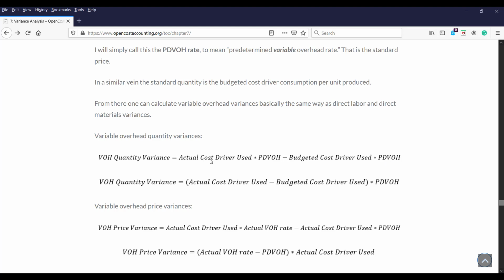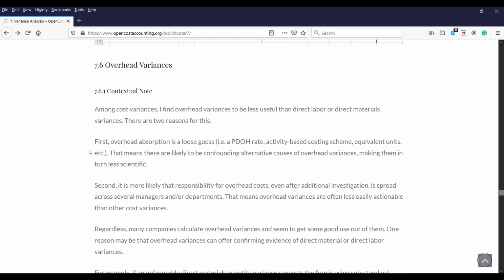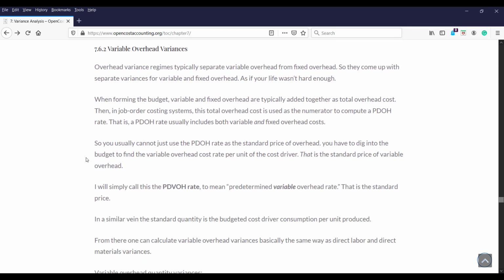Now, cost driver is basically the quantity that drives the overhead that we apply, and so that's basically the quantity used for overhead. Is it exactly right? No. That's one of the reasons I have the little note up here that says there are some limitations to the usefulness of overhead variances.